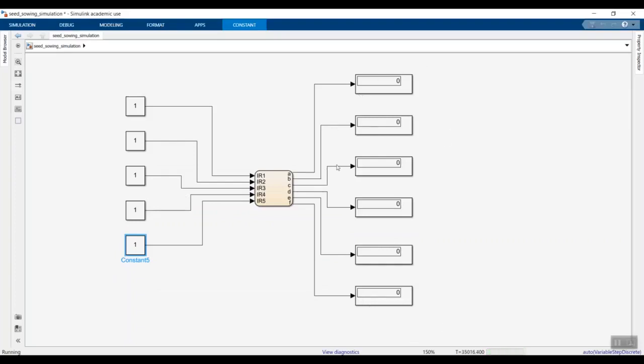Now let us check whether this logic is able to go back to the initial condition or not. That is, if the machine stops due to emptiness of the seed container, and we again pour some quantity of seed in it, the machine should be able to start. Let us check whether this works or not.